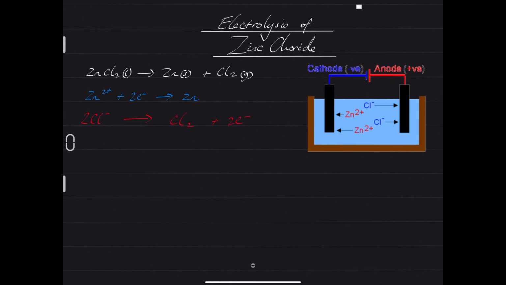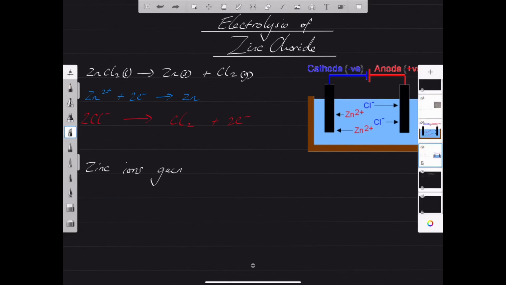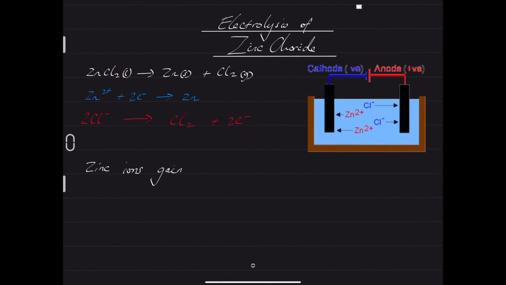So let us now put a few sentences describing the ionic half equations you are seeing. So what we say is that for zinc, zinc ions gain electrons, and this is known as a reduction reaction. So reduction has occurred here.